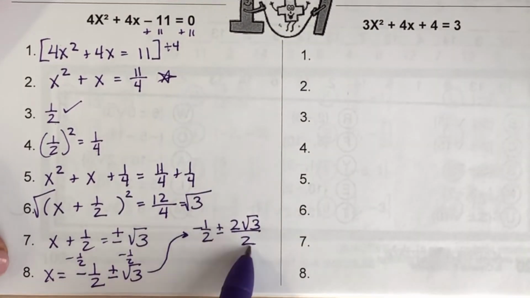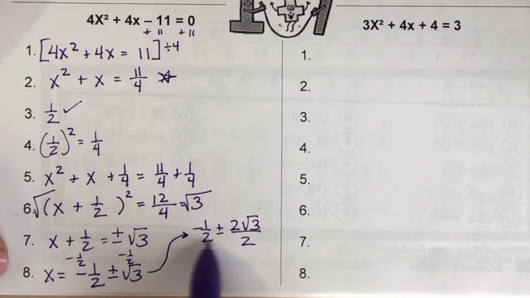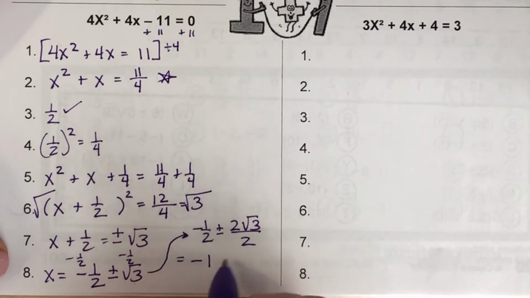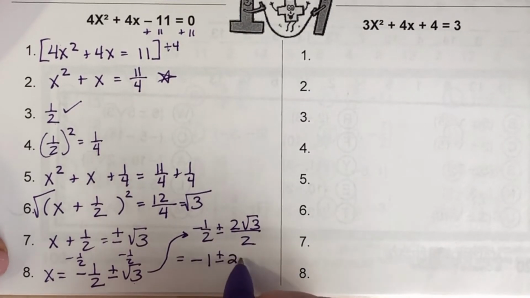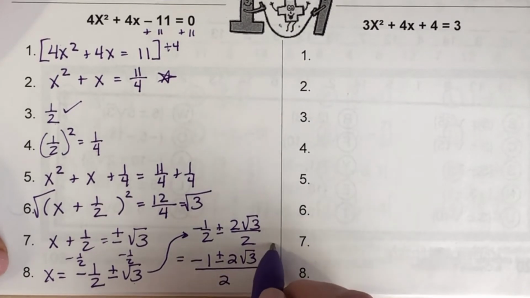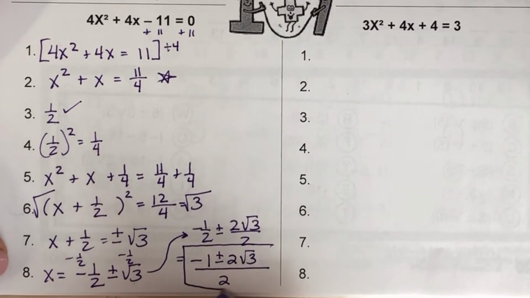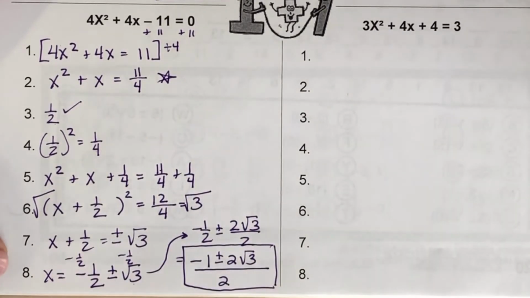Now I can combine them, so I have -1 plus or minus 2 root 3 all over 2. And here are my two solutions for this problem, just written as one fraction.